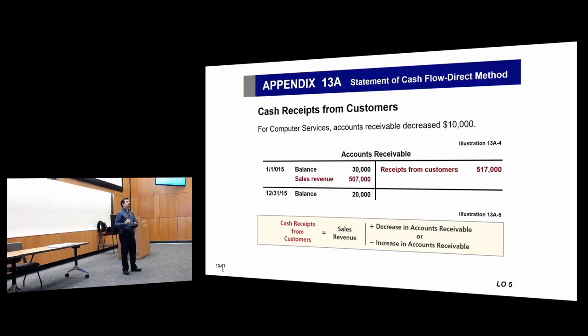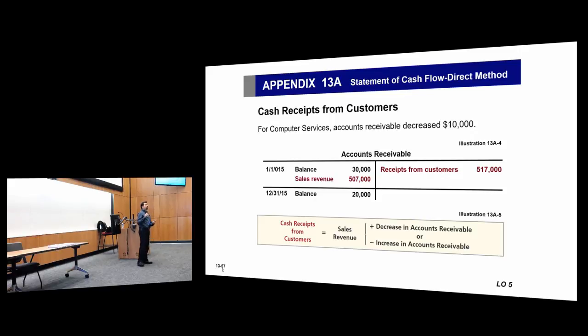Those are the payments that the customers made. However, in order to adjust for those revenues, what you need to look at is what part of those sales revenues were actually in cash. Do you understand that?